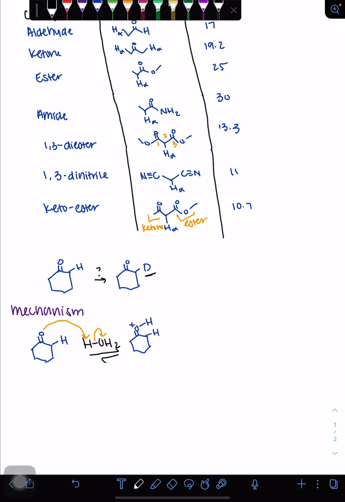Now we need this D in here, so we react it with D2O. This oxygen is going to attach to this hydrogen. This bond is going to go back here, and then this double bond is going to break apart, which is going to give us an OH group and a double bond right there.